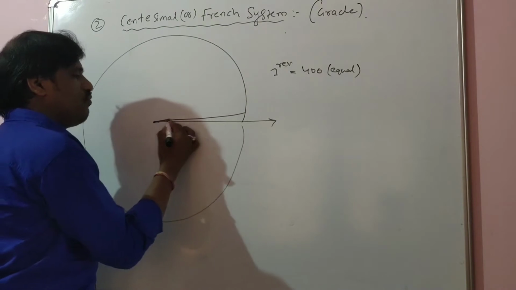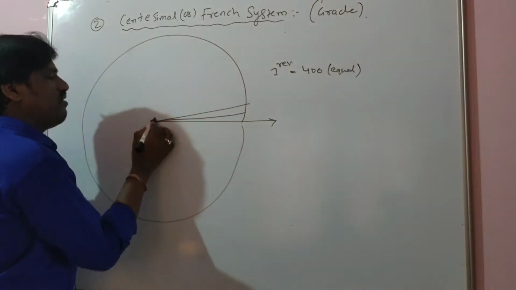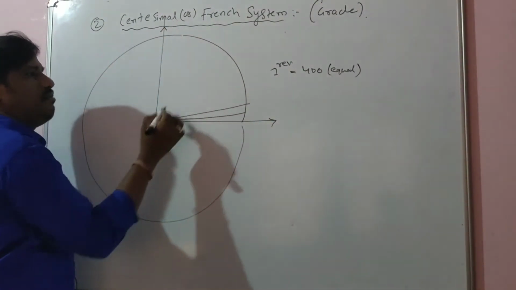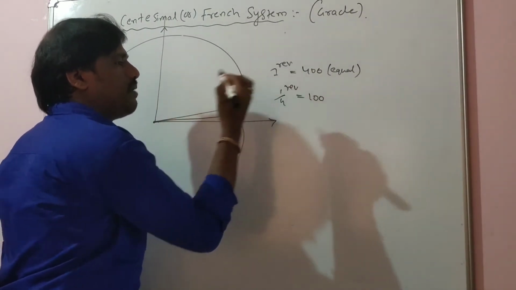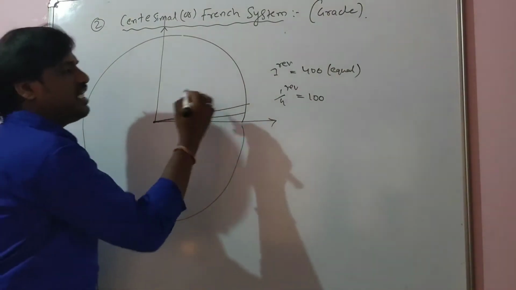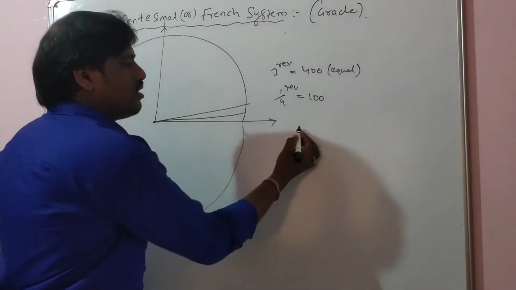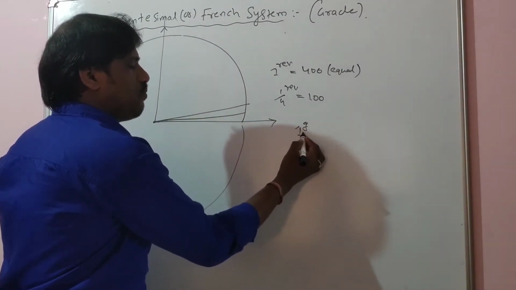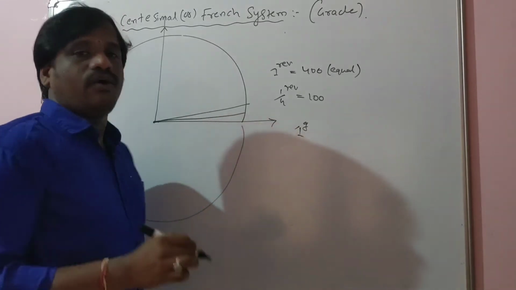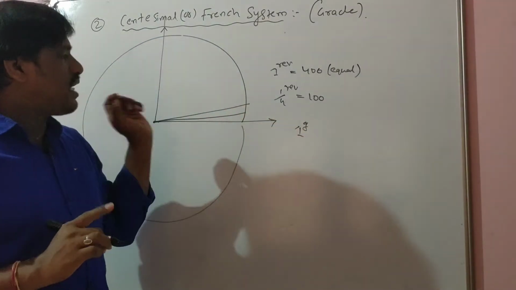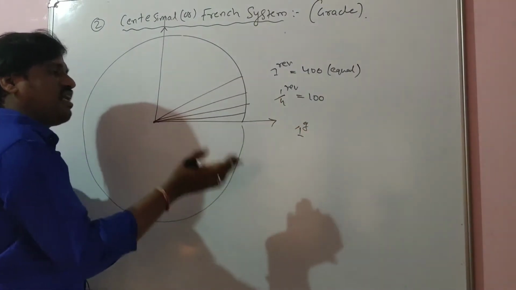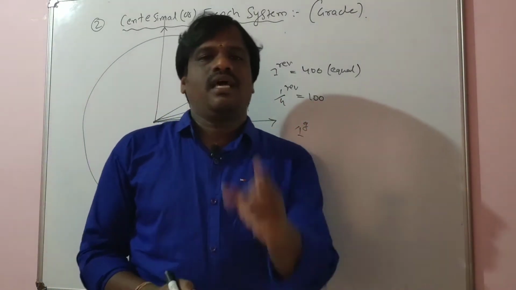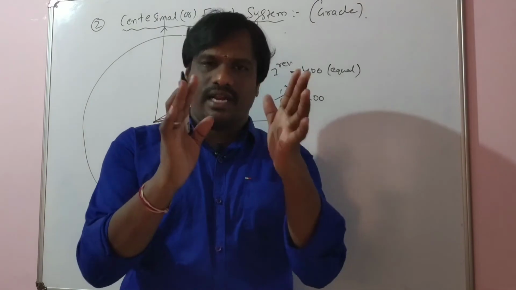Suppose 1/4 revolution is divided into 100 equal parts, so each part is called a grade. In this system, one revolution is divided into 400 equal parts and each part is called a grade.